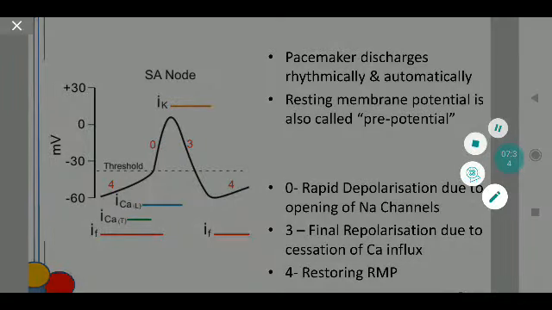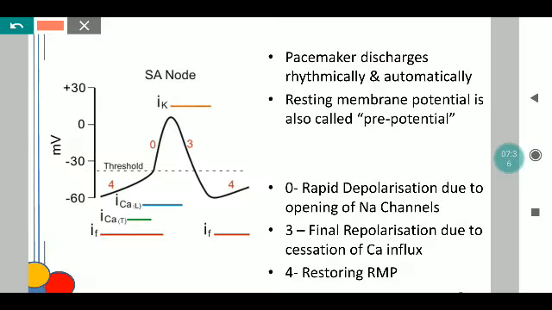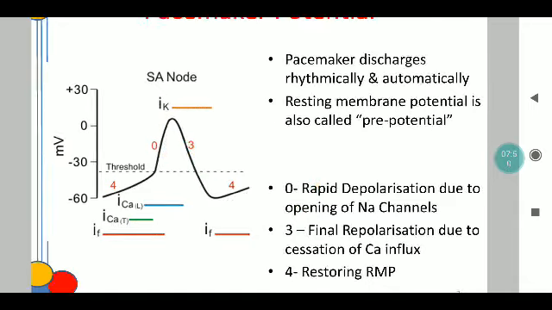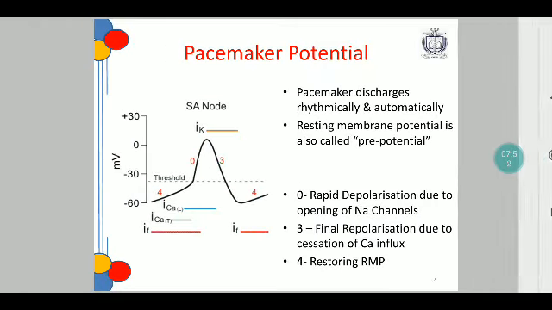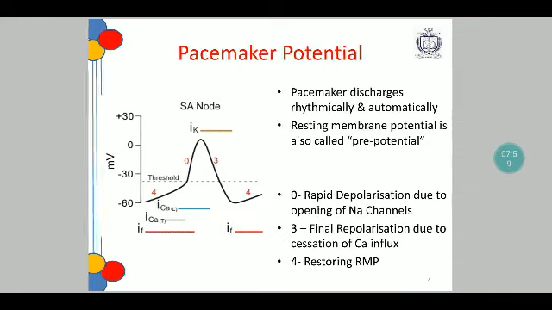So, by the same numbering, we understand that there is a rapid depolarization due to opening of the sodium channels in the SA node, and a sudden repolarization due to the stoppage of calcium influx. The remaining happens side by side, and hence the resting membrane potential is suddenly restored immediately. This chart, what you see diagrammatically occurring, is what ensures that the pacemaker potential is generated and that the rhythm is generated at the cardiac SA node.